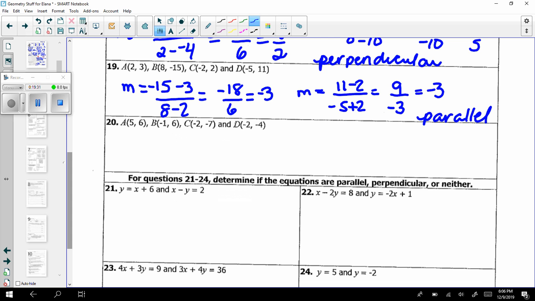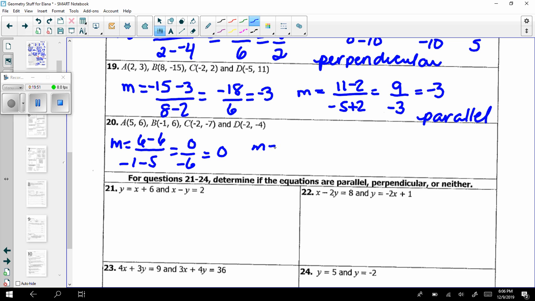Now, for these, let's go ahead and do these. We have 6 minus 6, which, remember, if your y values are the same, your slope's going to be 0. So let's just double check. This one is negative 1 minus 5, so that's 0 over negative 6, which is just 0.